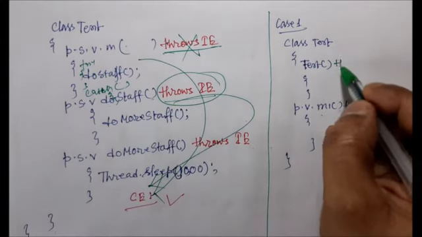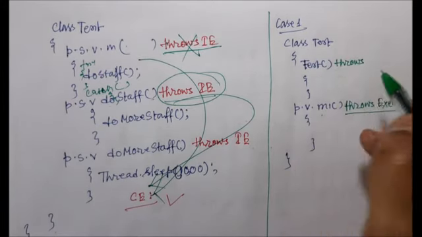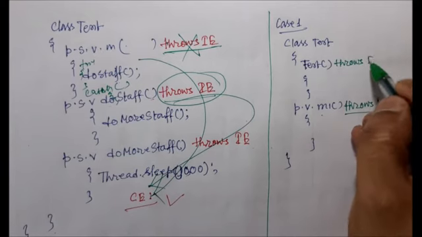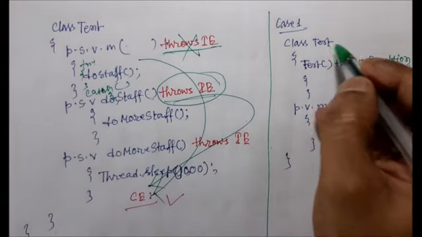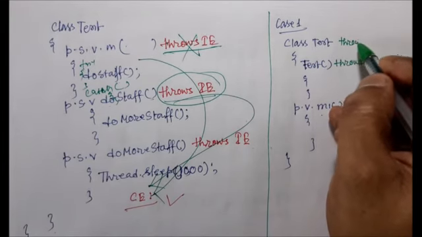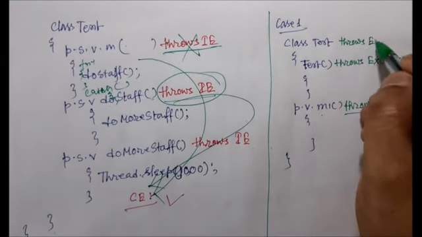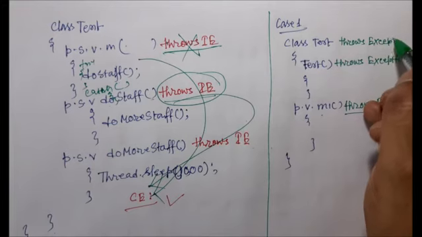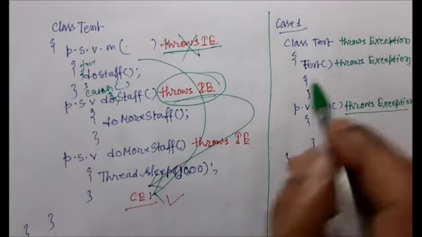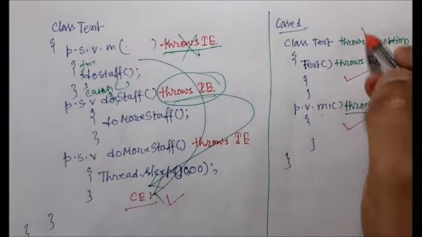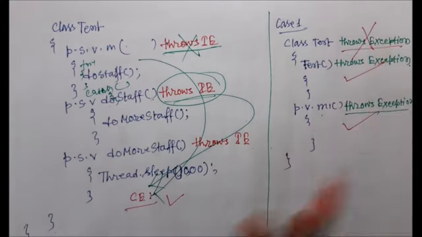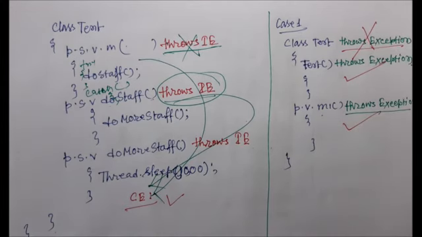We can also use the throws keyword with a constructor. If I write the throws keyword in a method, that is okay. If I write throws keyword in a constructor, that is okay. But this is not okay. We cannot, a class is not going to throw an exception, right? That is not okay. This is case 1.